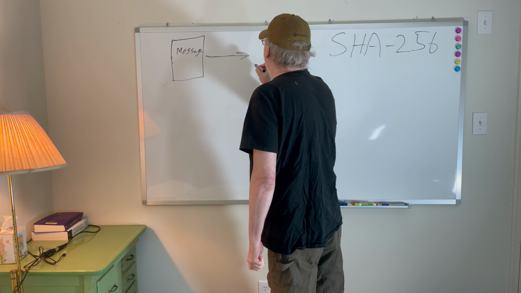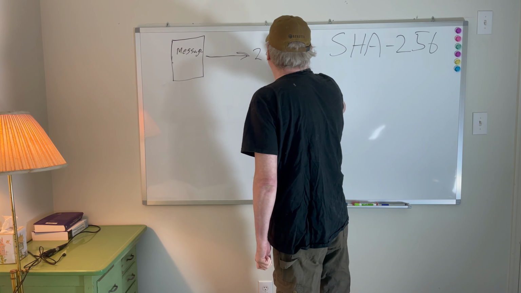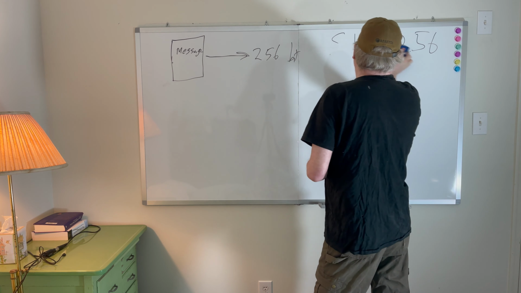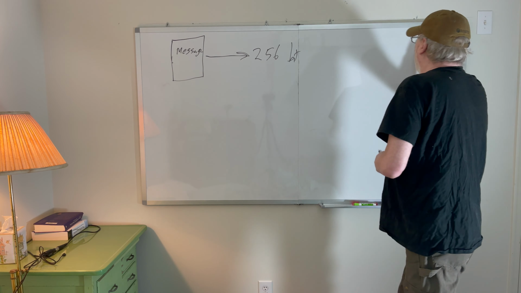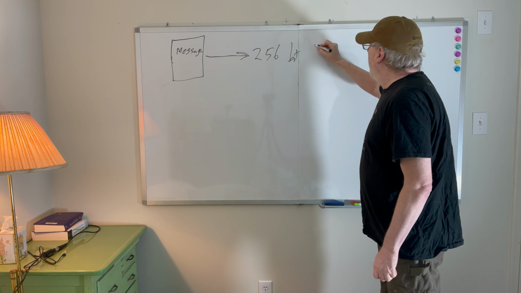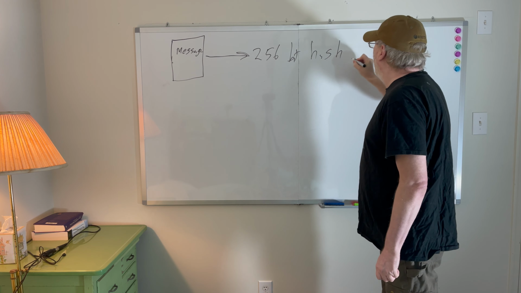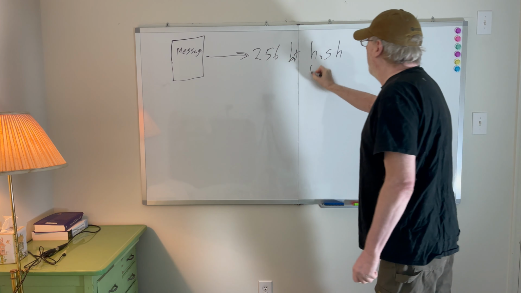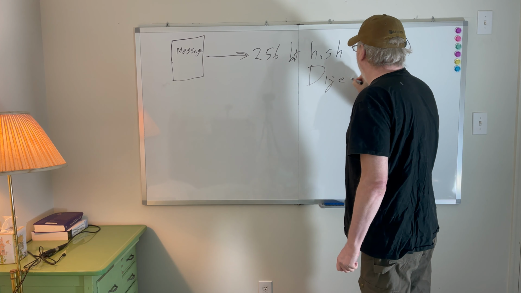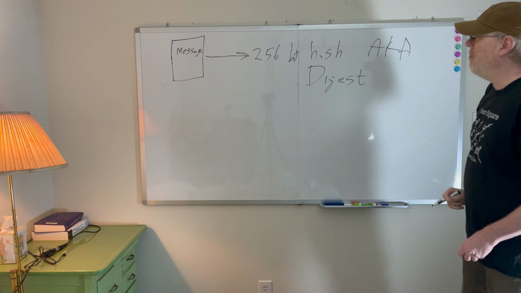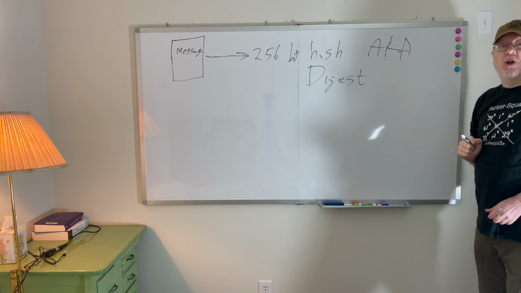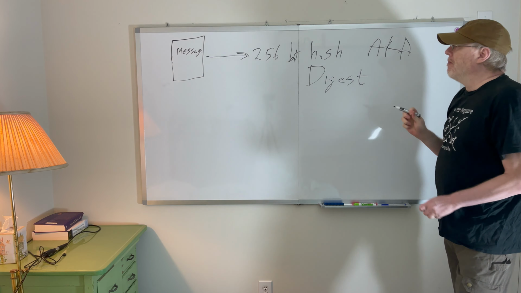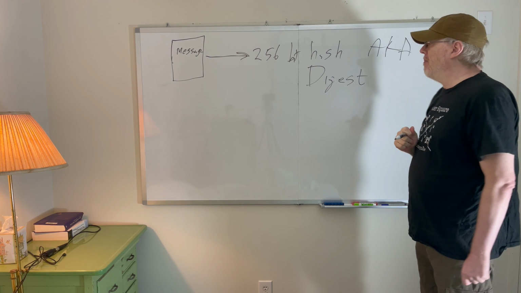And that's going to produce a 256-bit hash value, also known as a message digest. These are used extensively on the internet to confirm that a file has not been messed with.